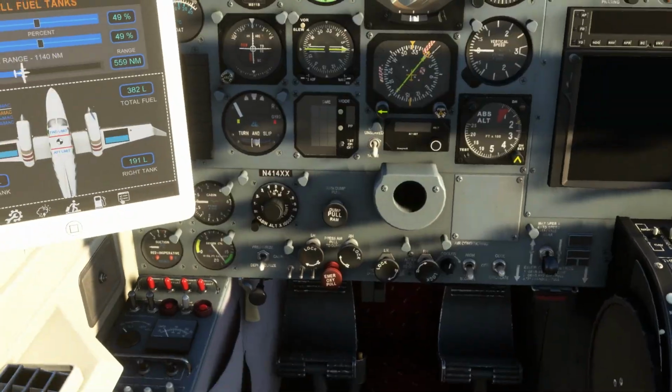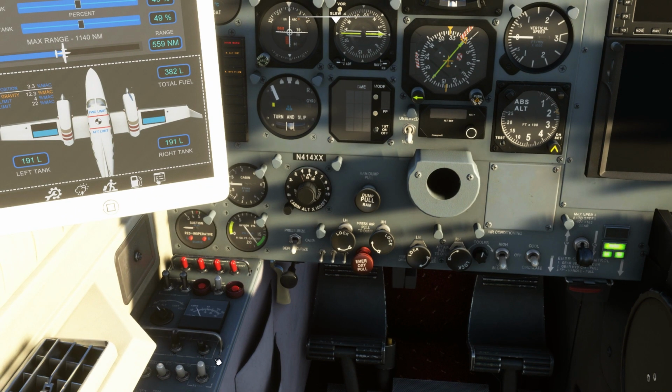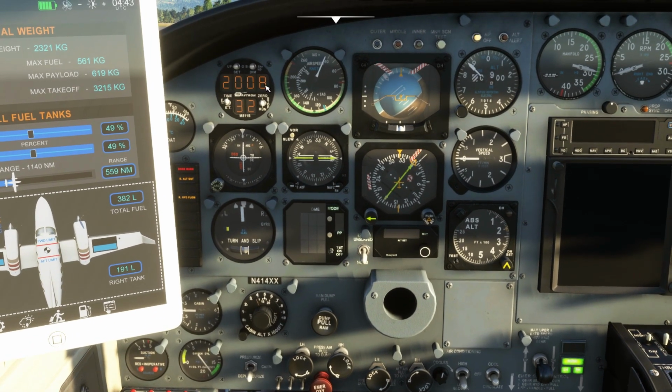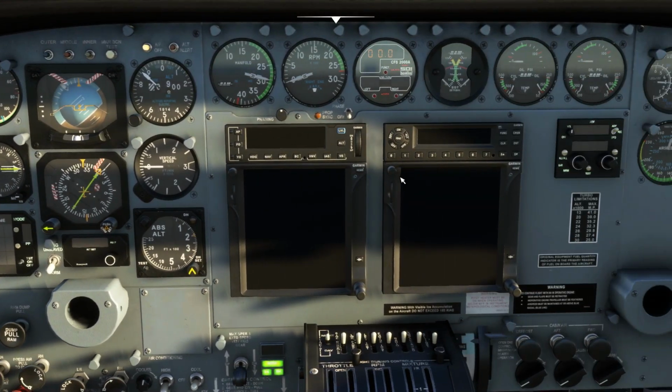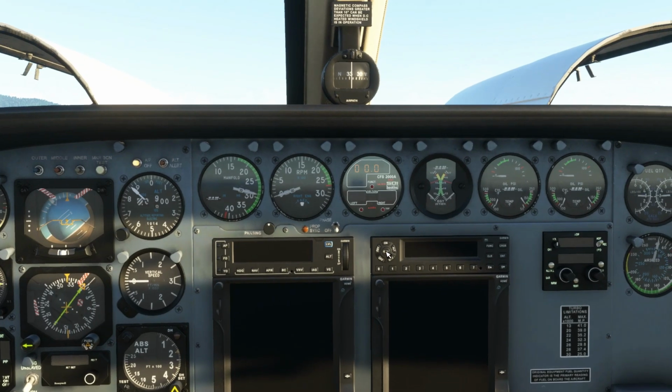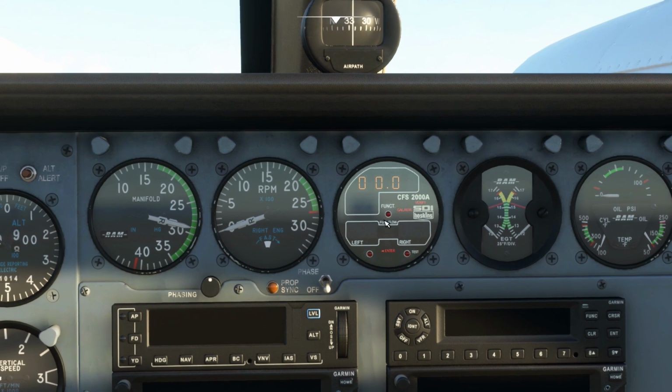So let's put the battery on. This shows okay, this shows 0. So we need to put in, as I said, 104 gallons. We're not filling it up.